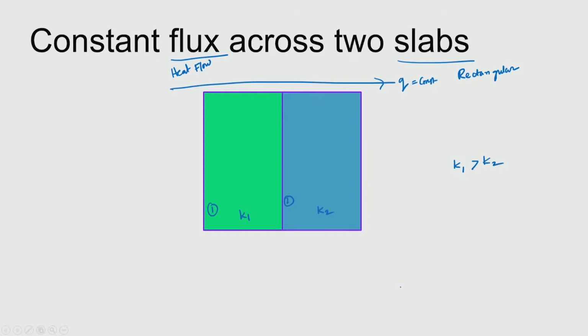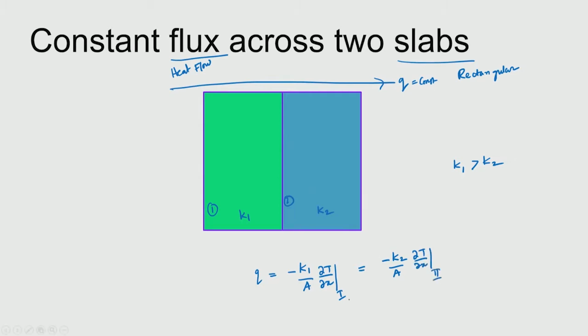So, if this was the heat that is going, we would write that Q is equal to minus K1 A into dT by dX across the first wall, and that is also equal to minus K2 A dT by dX across the second slab.